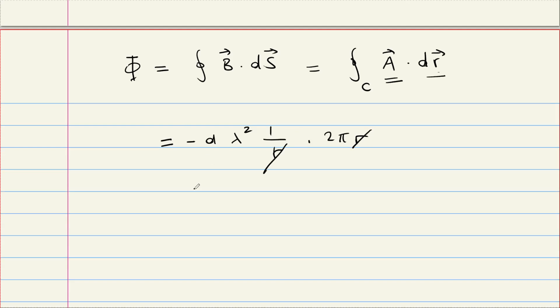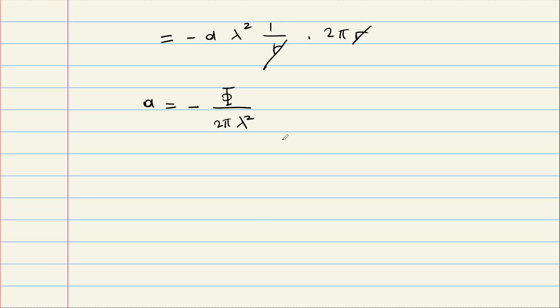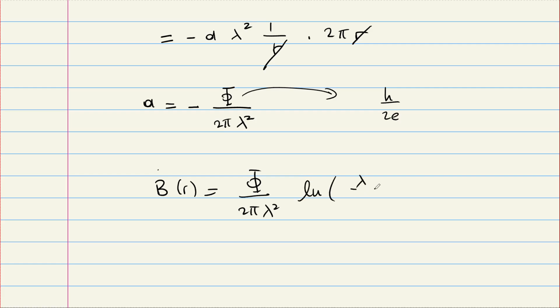From here we can see that this integration constant is fixed by the flux, and it is going to be 2 pi lambda squared. Later, like I said, we are going to see this is going to be h over 2e. And this B of r, in that case, is the flux divided by 2 pi lambda squared, times ln lambda over r.